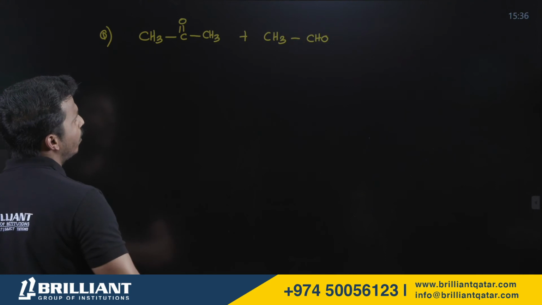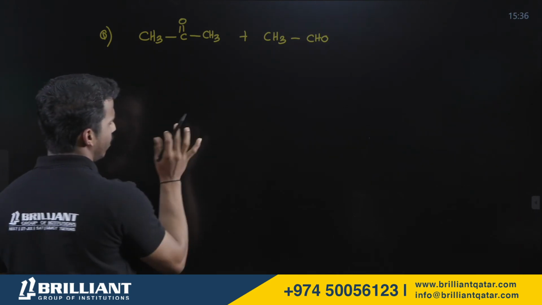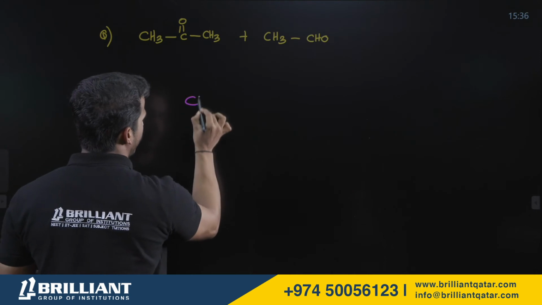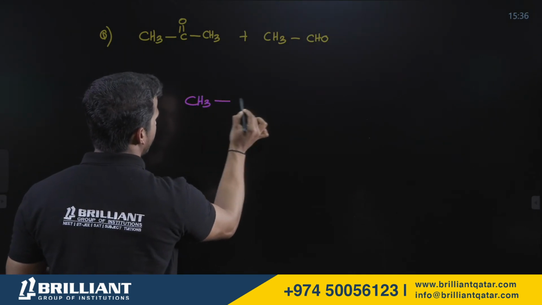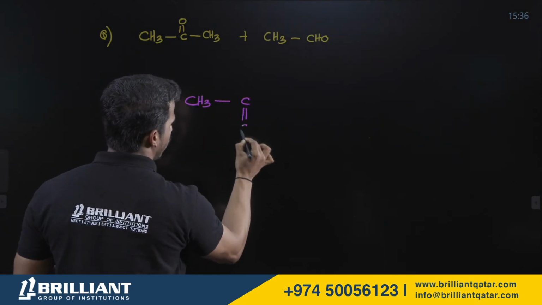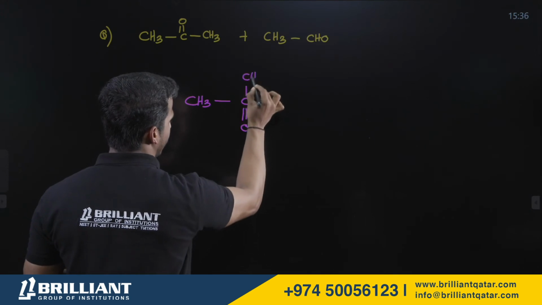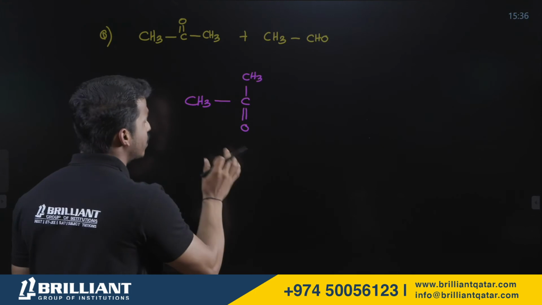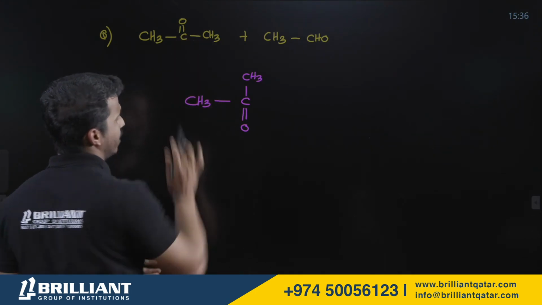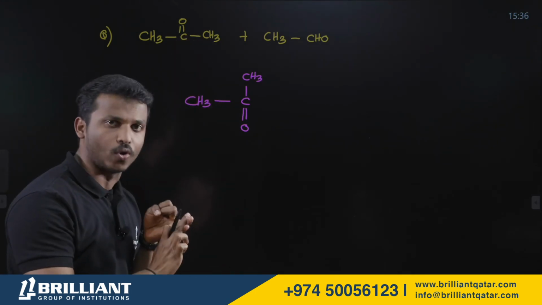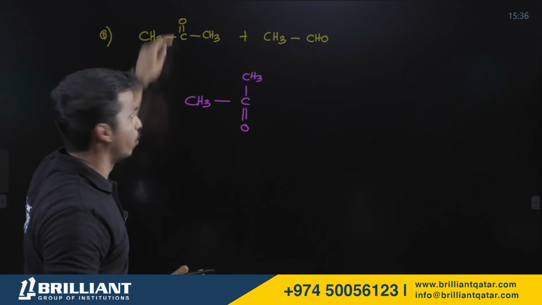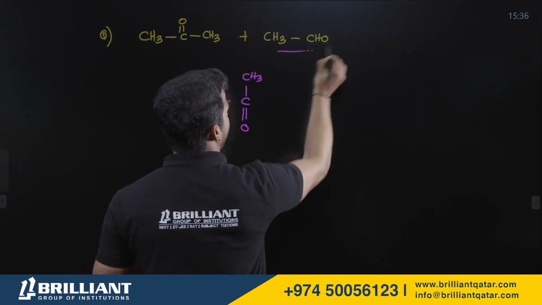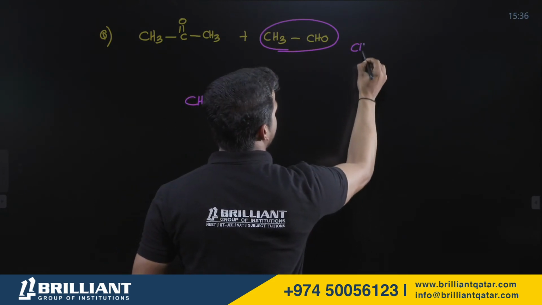Take your first compound, and just draw it in another way, that's it. CH3COCH3. What did I do? Dear students, the CO group will be there. If it is an aldehyde or ketone, they contain a CO group, that is called the carbonyl group. How can I write this compound in another way?